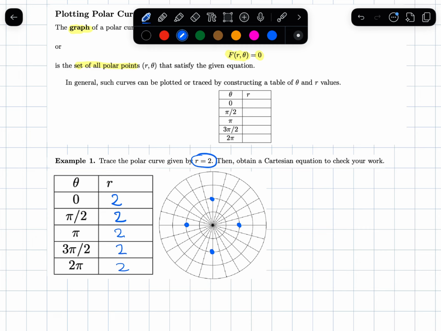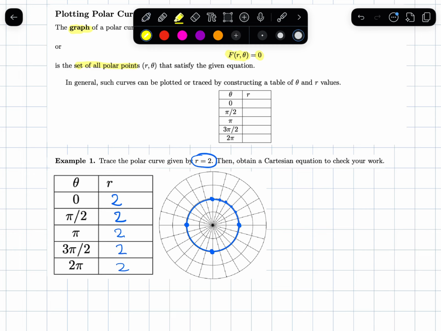More than that, even if I plug in numbers in between those angles, so pi over 6, 30 degrees, 45 degrees, even 31 degrees, and 65, 67 degrees, I always get points that are 2 units away, whatever direction you look at. So at the end, this is going to plot a circle, right? I think I can make a neat looking circle. Let me see. All right, I got it. It's a great circle. This is how to plot this curve.